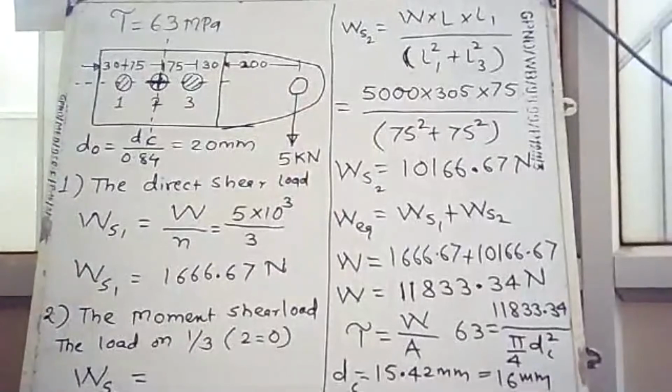We have to find the CG about which the plate is going to rotate, and from that we have to take all the distances to get the second type of shear stress. So this completes our problem in which we find the size of the bolt.